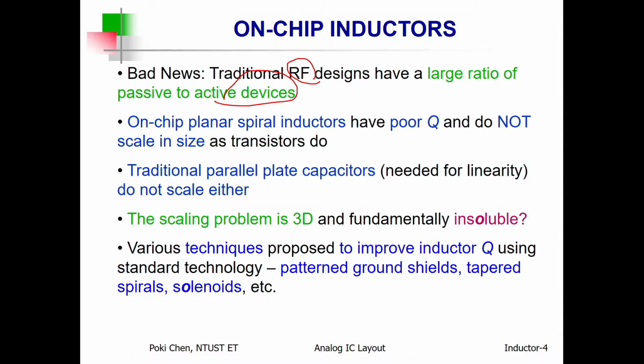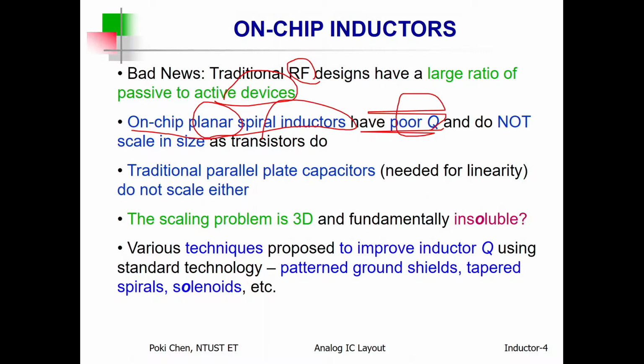And usually we have on-chip planar spiral inductor. That is the easiest, but the quality factor is no good, and also the size is not scaled with the process evolution, right? That is some kind of demerit.